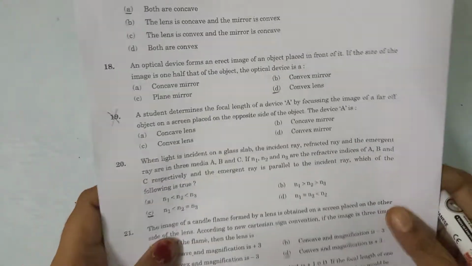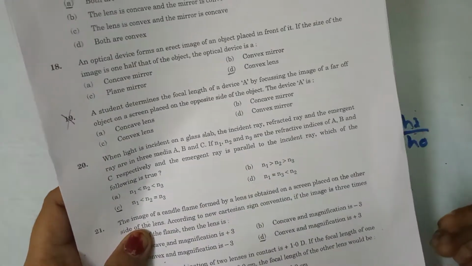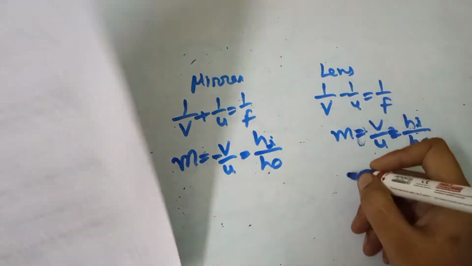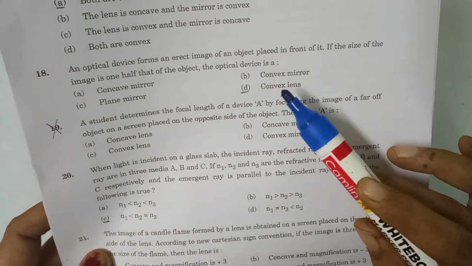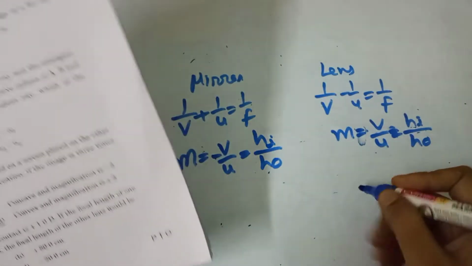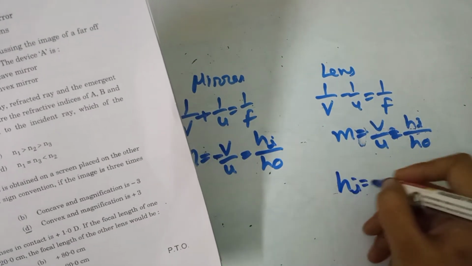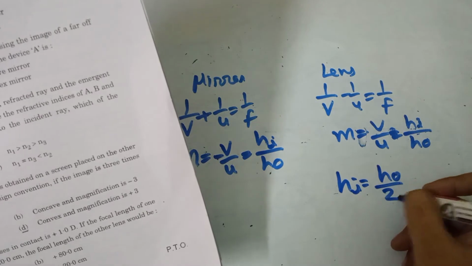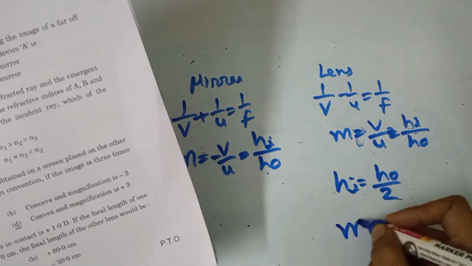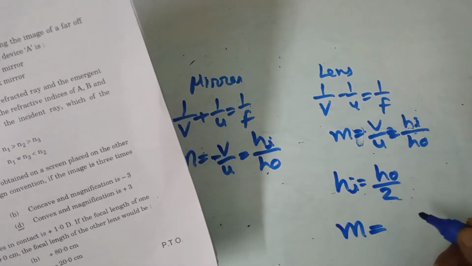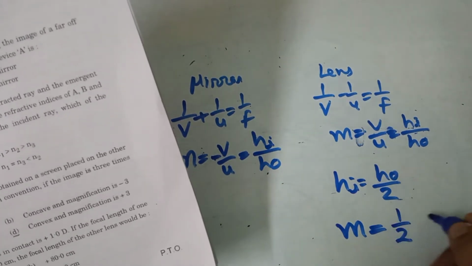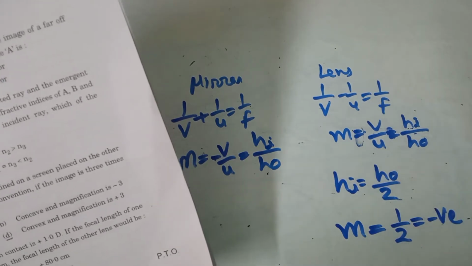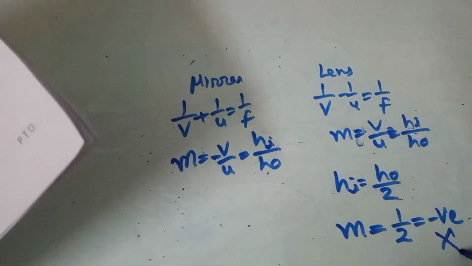In the question they have mentioned that the size of the image is 1/2 that of the object. So the magnification is 1/2, and for a convex lens it would be negative, so it is not possible.